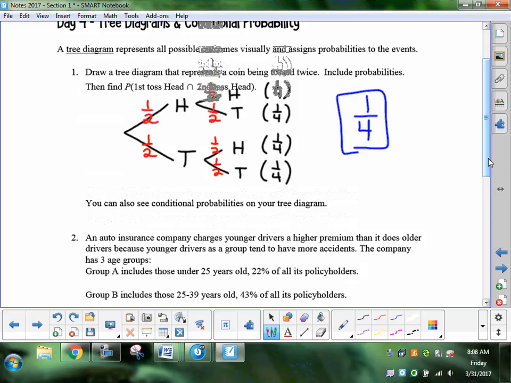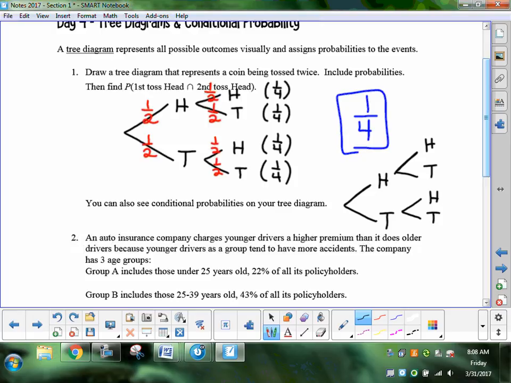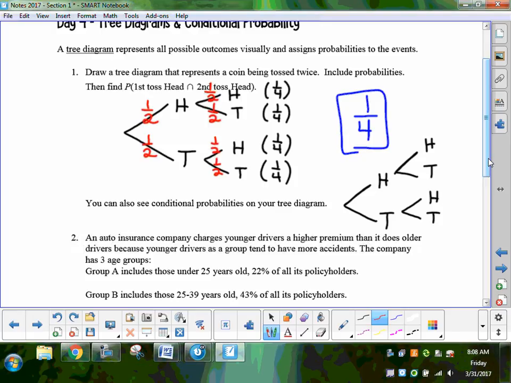Do it this way. So if this is our first choice here, heads, tails. I said before this was heads, tails, heads, tails. In terms of conditional probabilities, this would be the probability of heads given heads.